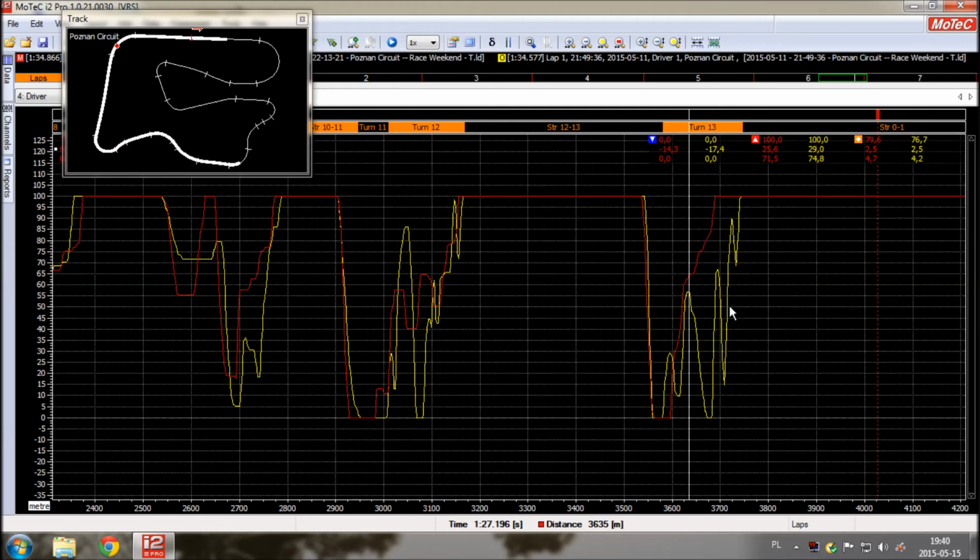Because the car should move not too much, right? Only in turning, so the throttle application is important, etc.